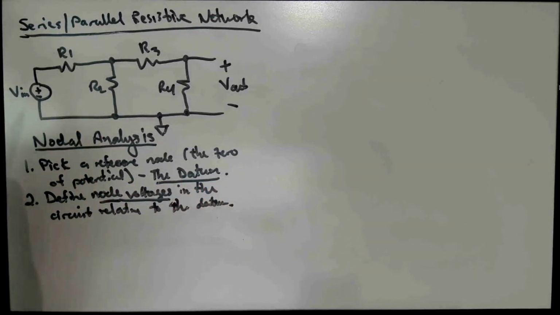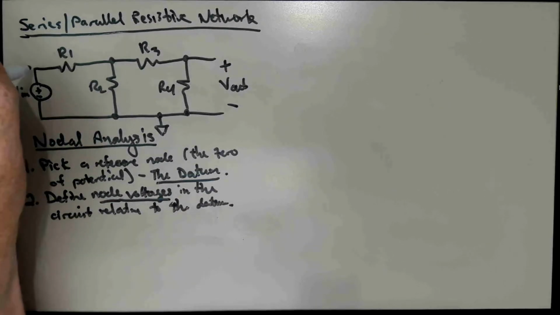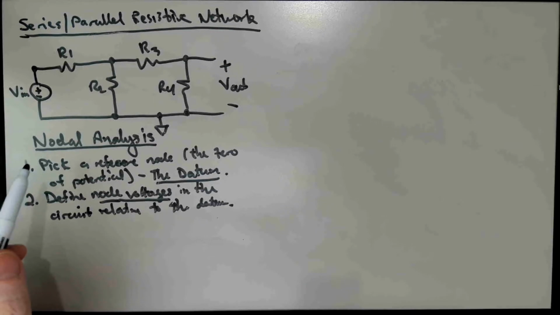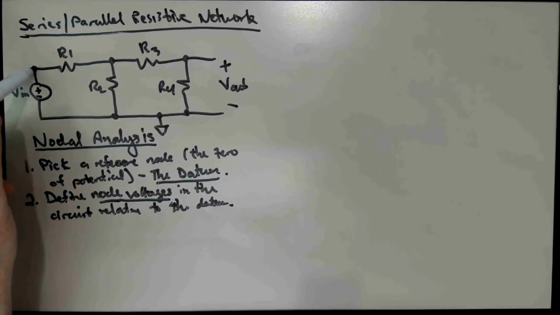So in this case, there are 3 other nodes in the circuit. There's this node here, which is Vn. And it's not really an unknown voltage because we actually have a voltage source that's defining that to be Vn. So that's not really going to be an unknown voltage for us.